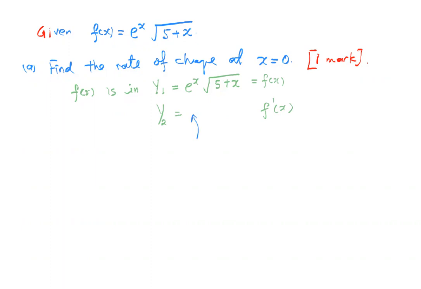Your cursor is at Y2. Press this button, Math. You are going to do a math thing now. There are a lot of functions, correct? Do you see this nDeriv? Number 8.